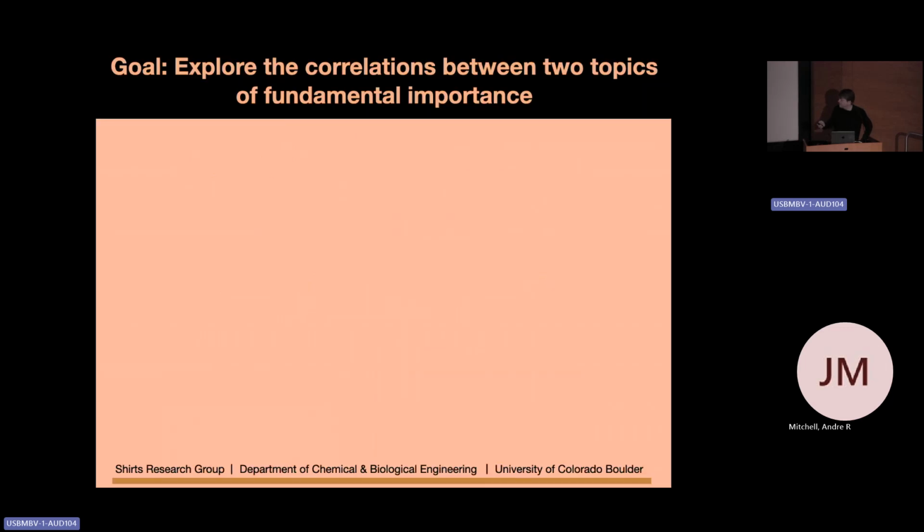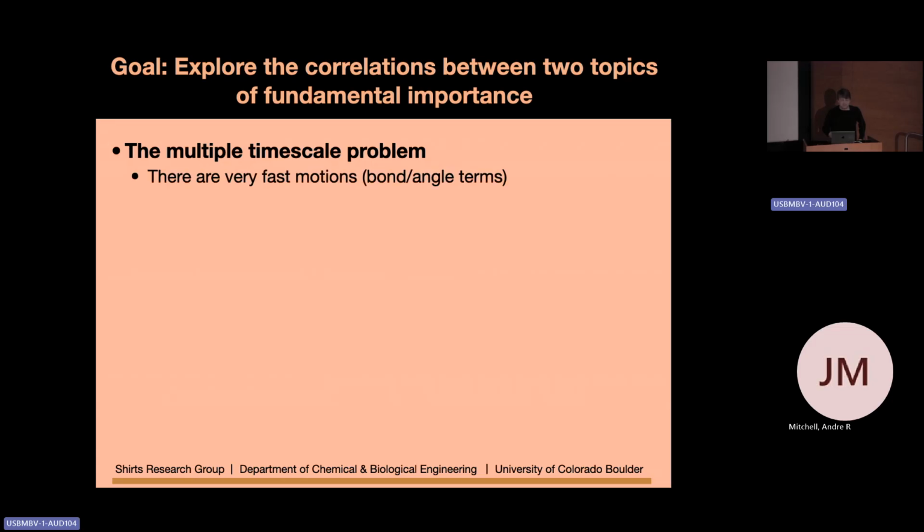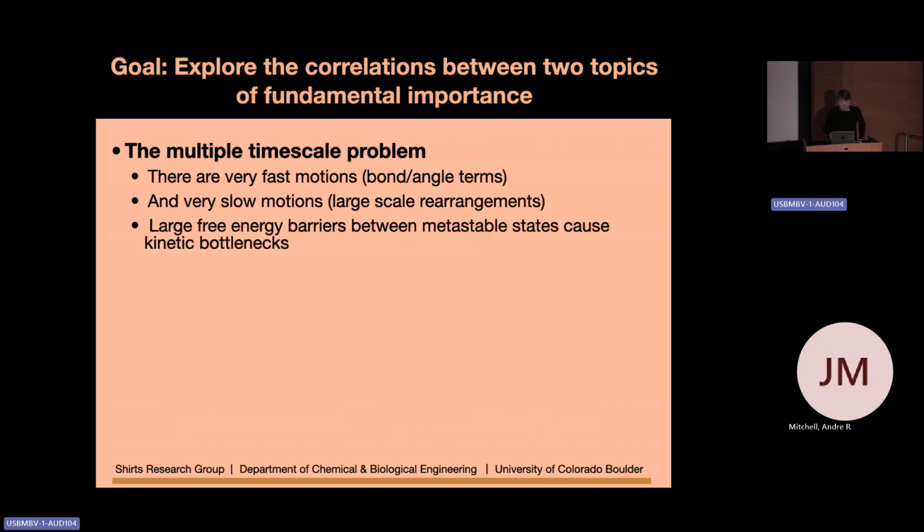So the goal really in this is to explore the correlations between two topics of fundamental importance. First, one of the biggest problems of all these things and why we still usually run with really simple force fields is because we still have the multiple timescale problem. There are very fast motions that we need to simulate in order to get the physics right, but very slow motions, large scale rearrangements, resulting in large free energy barriers between metastable states, causing kinetic bottlenecks.